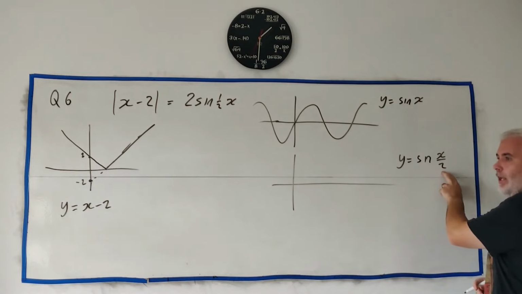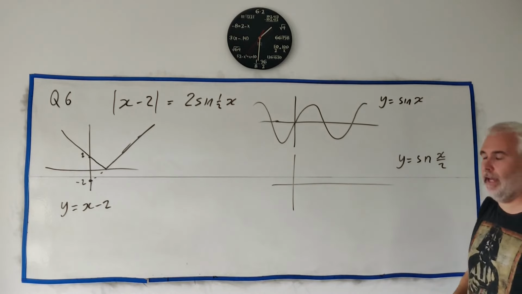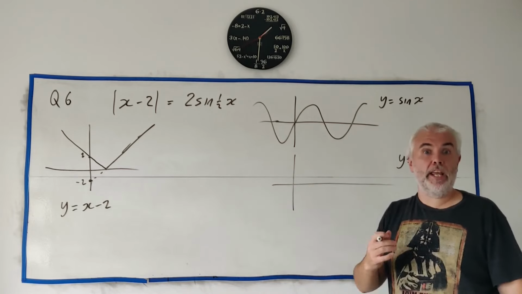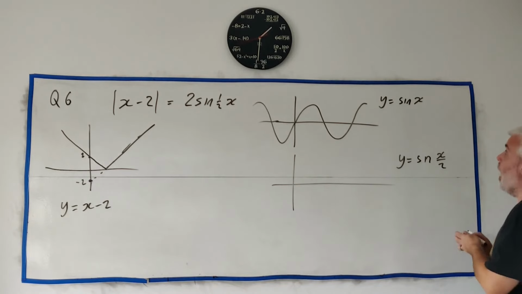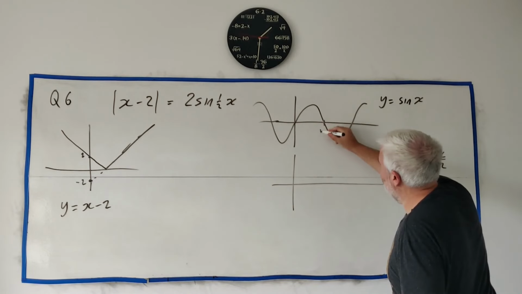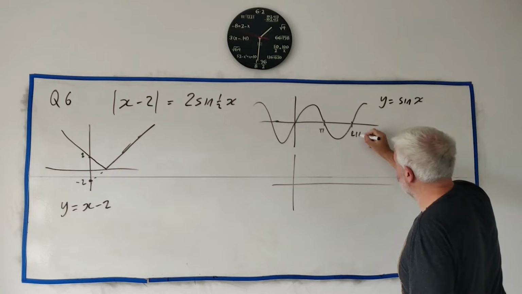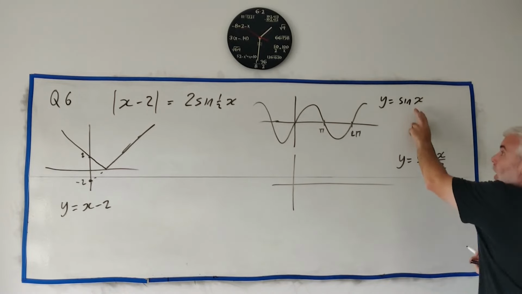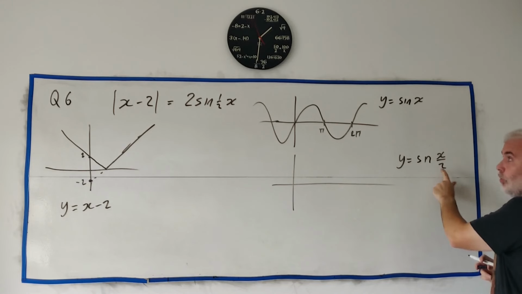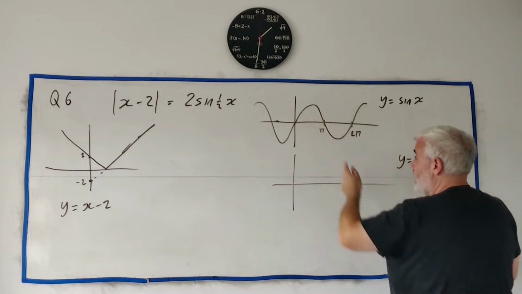So what does this mean? We are in radians. So if I was to put pi in this one, here's pi, and here's 2 pi. If I was to put pi into this, I get 0. If I put pi into this, I get pi over 2, which is here, which is 1.